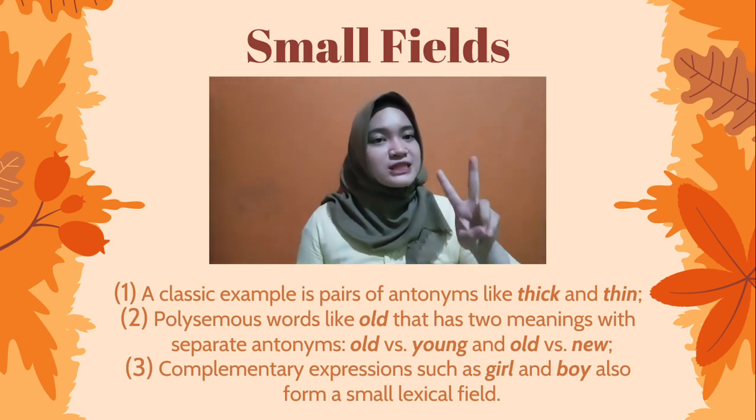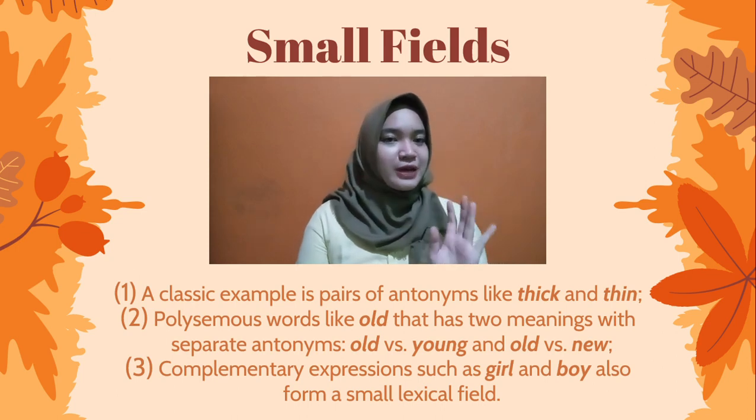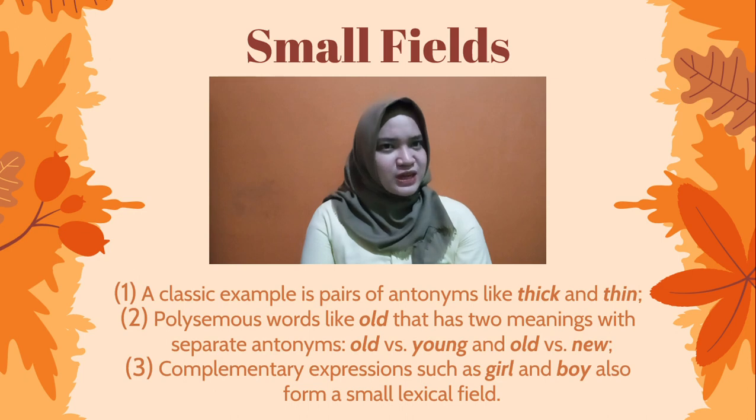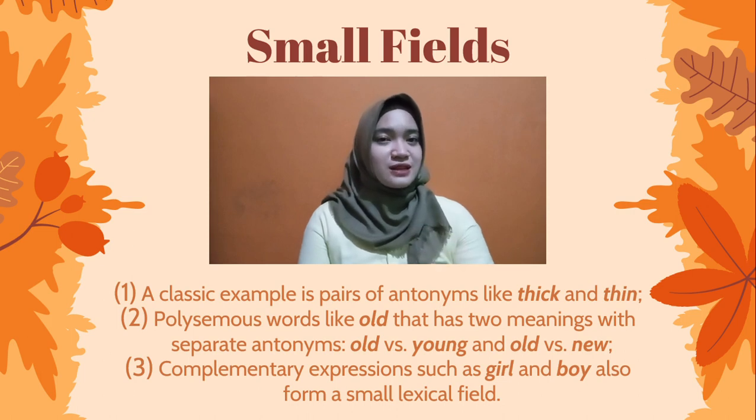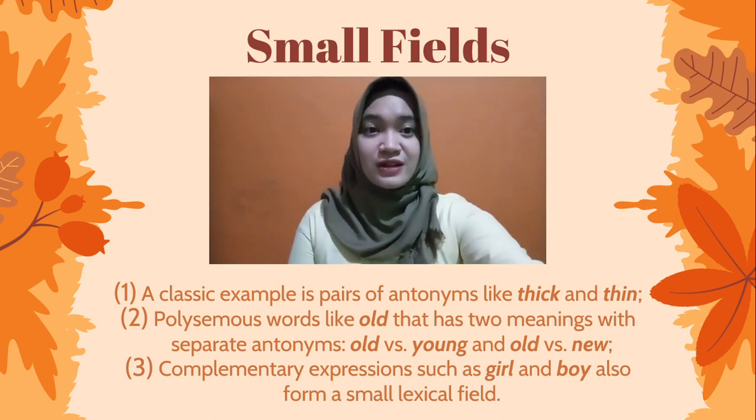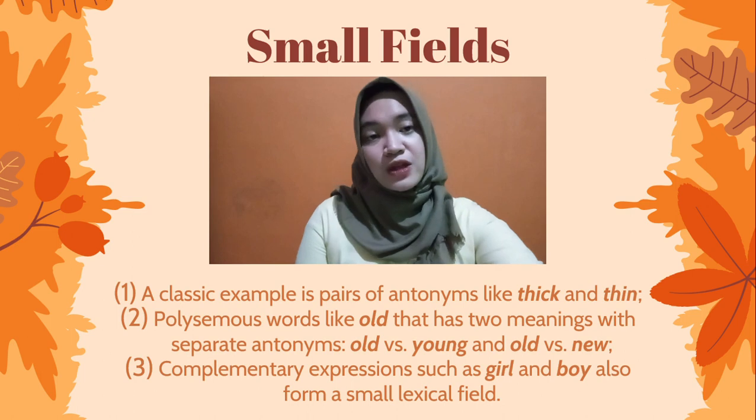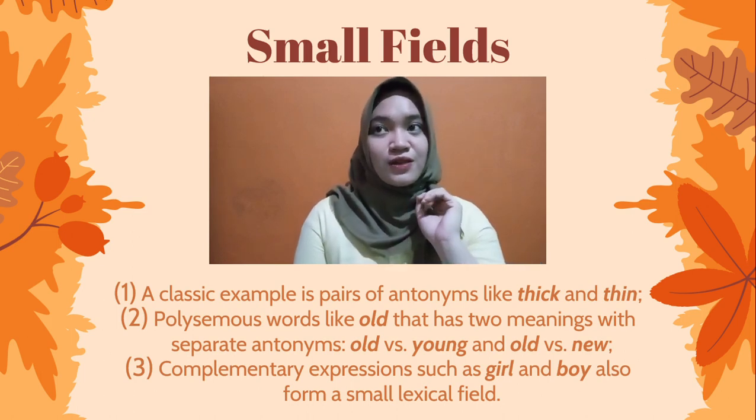2. Polysemous words which have multiple meanings with distinct antonyms, like old that has two meanings with separate antonyms, old versus young and old versus new. These form different lexical fields based on the specific meaning of old. 3.